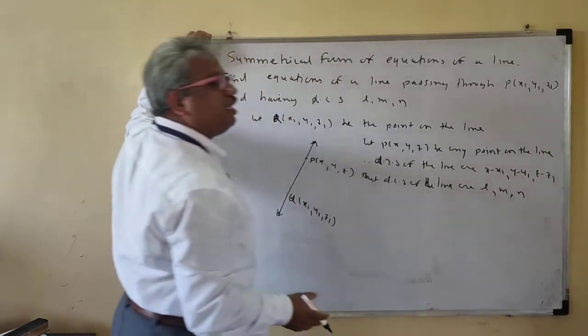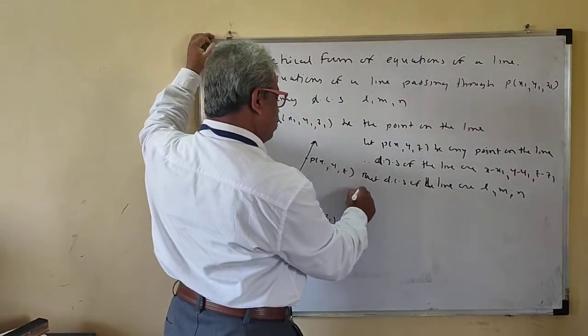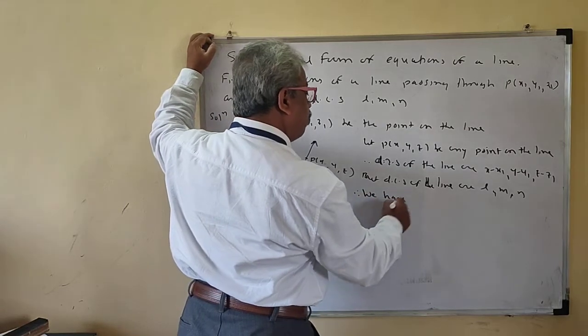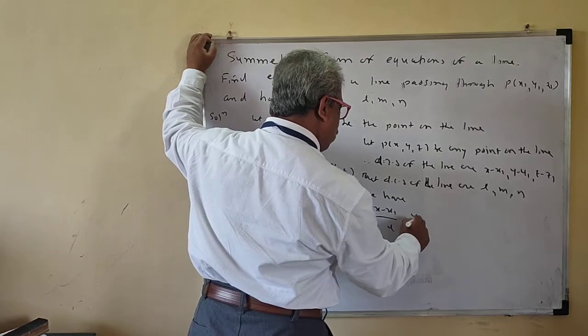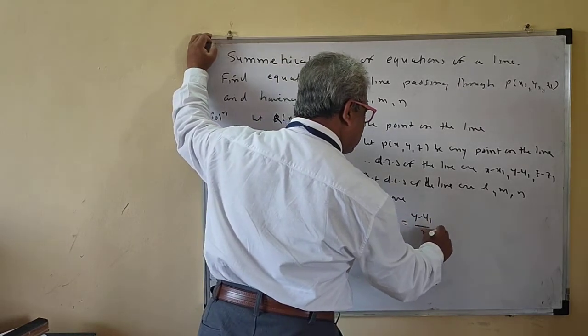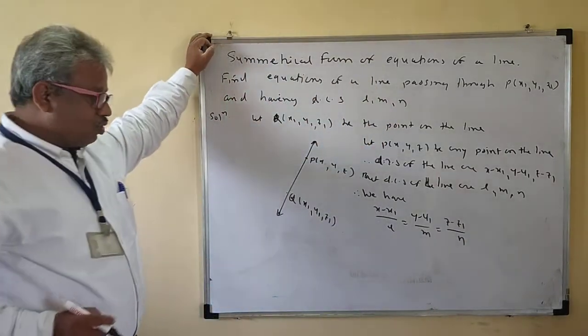You know that the DCs and direction ratios are proportional to each other. Therefore we have (x minus x1) upon l equals (y minus y1) upon m equals (z minus z1) upon n.